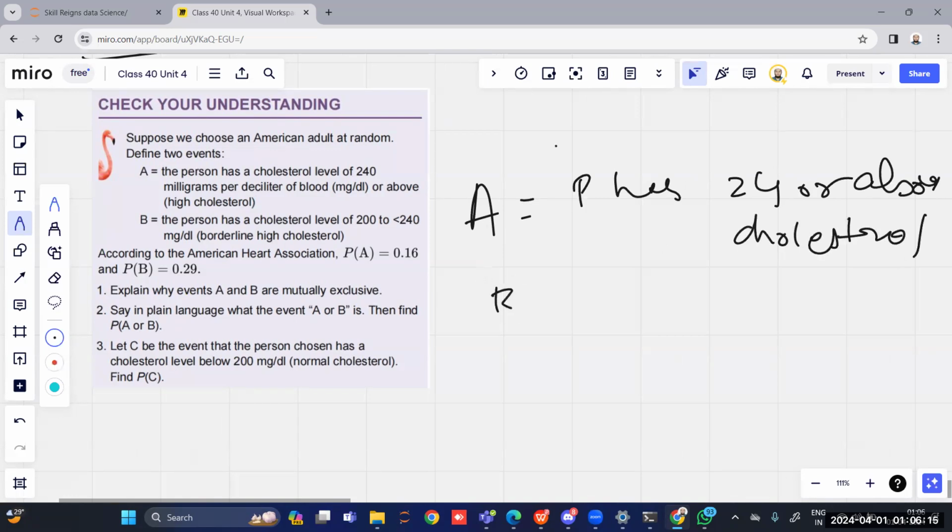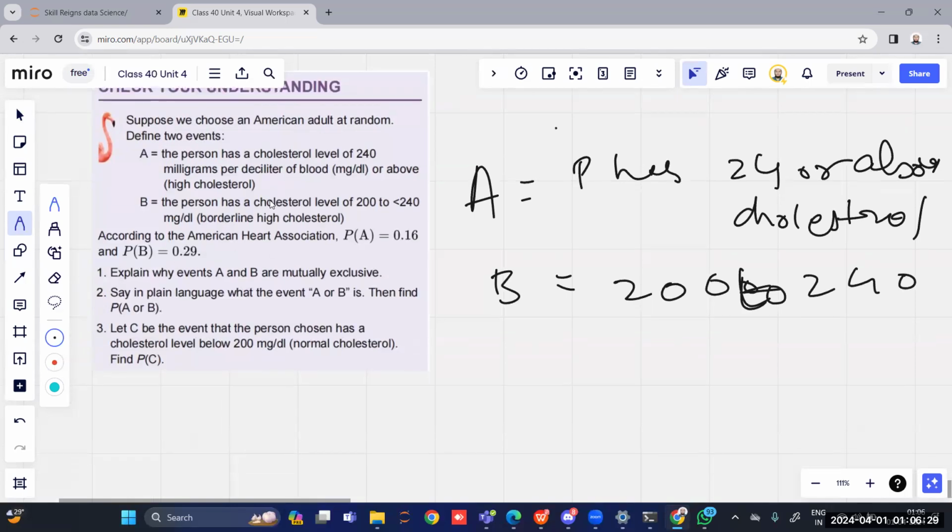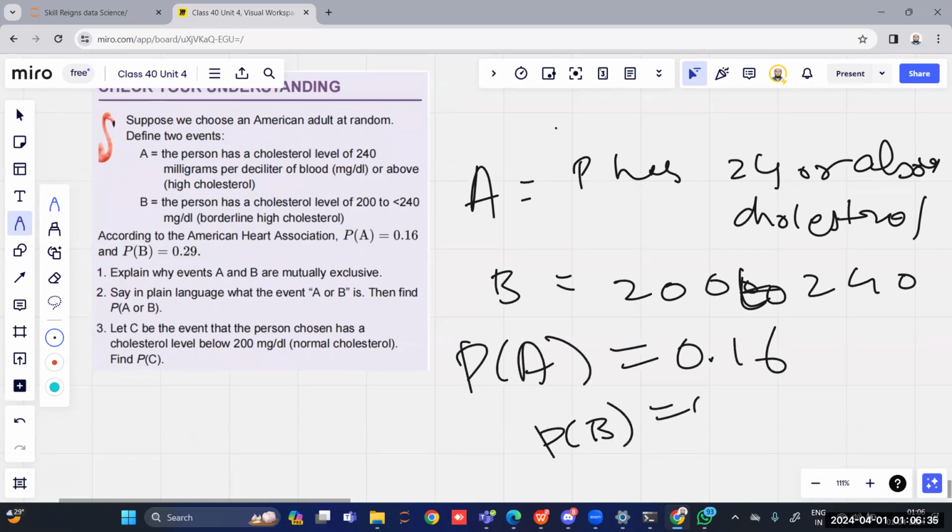And B: the person has a cholesterol level between 200 and 240. Between means 240 is excluded, because it is less than. Borderline high cholesterol. According to the American Heart Association, the probability of A is 0.16, and the probability of B is 0.29.